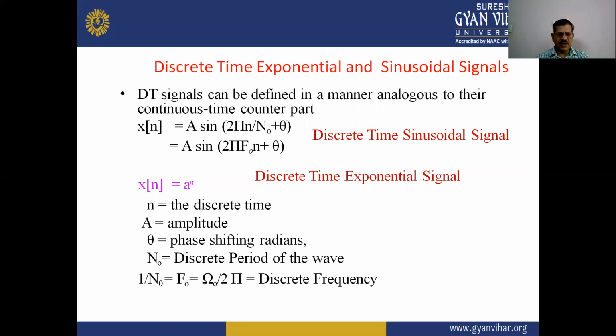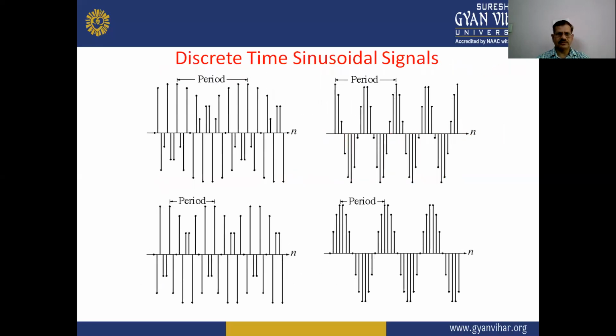Here n is the discrete time and A is the amplitude. Theta is the phase shift in radians, and N0 is the discrete period of the wave. And also 1 upon N0 equal to f0 equal to omega divided by 2 pi equal to the discrete frequency. f0 is the discrete frequency.